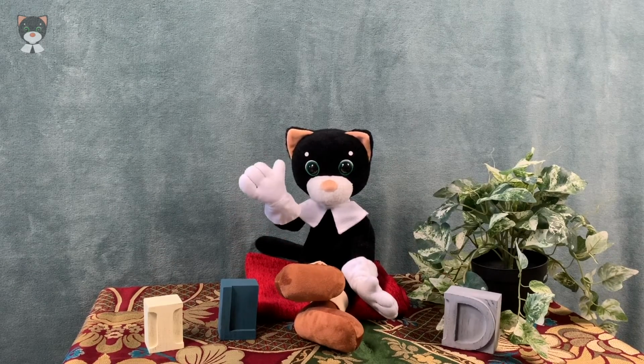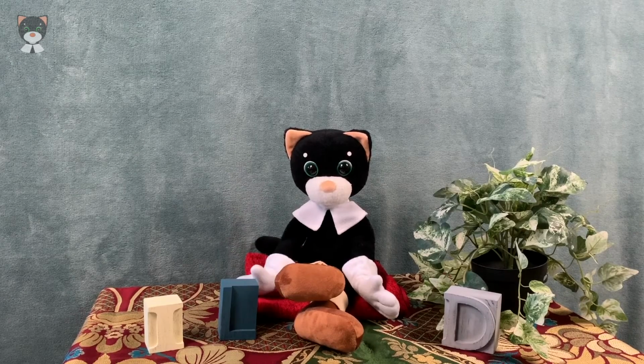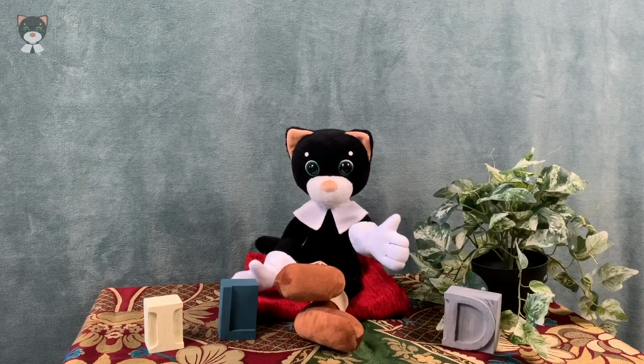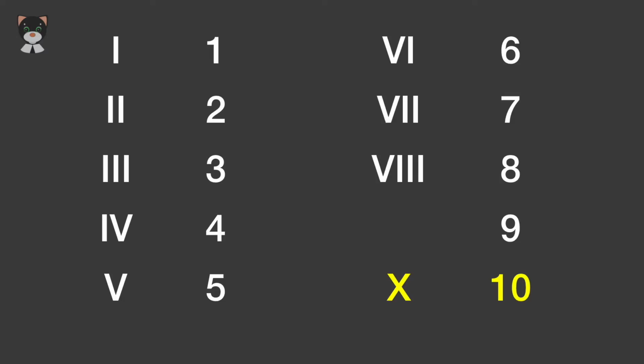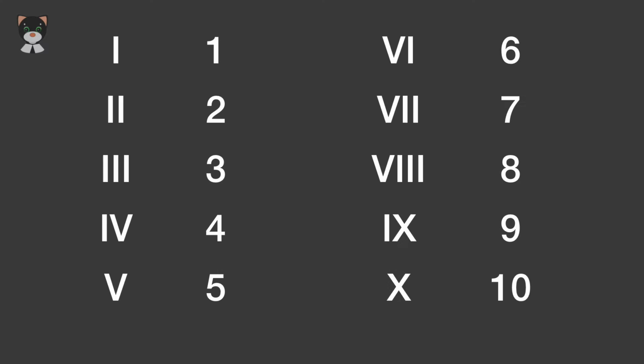Here we can have maximum 3 of the same in a row. Now 9 is 5 plus 4, but also 10 minus 1. X stands for 10. And 10 minus 1 is 9. Great!